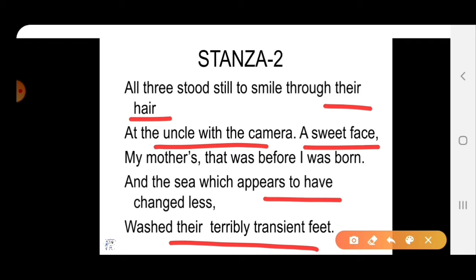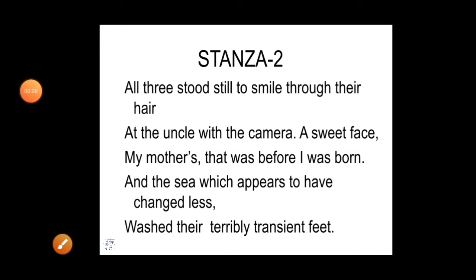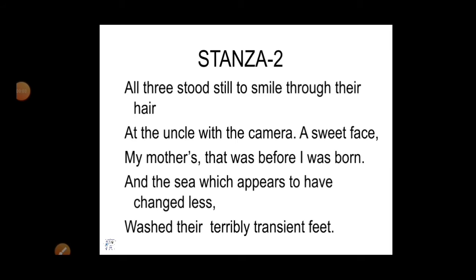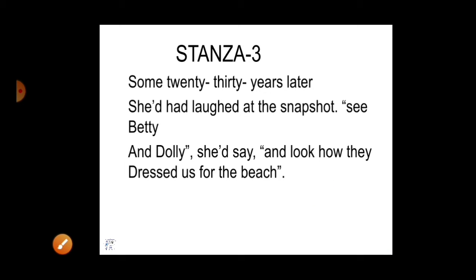Why? Because as they were young then, and now they have grown older. And the sea, which appears to have changed less, washed their terribly transient feet. On the other hand, the sea, which touched their feet, has changed less. Right? Now we will read stanza 3.